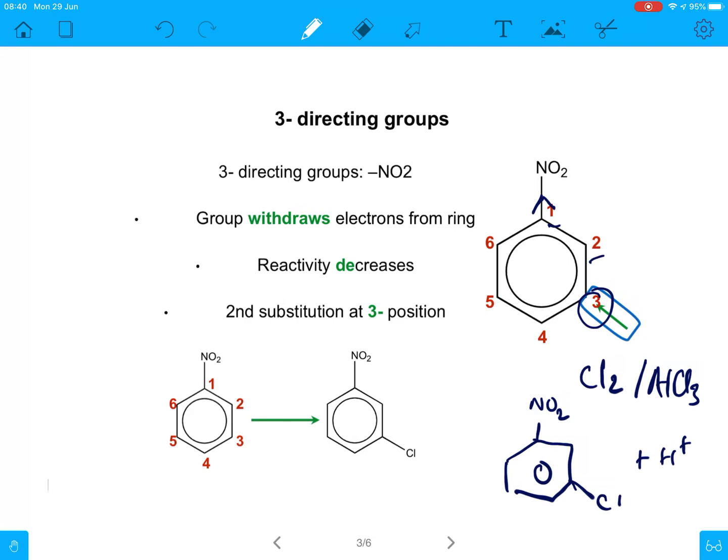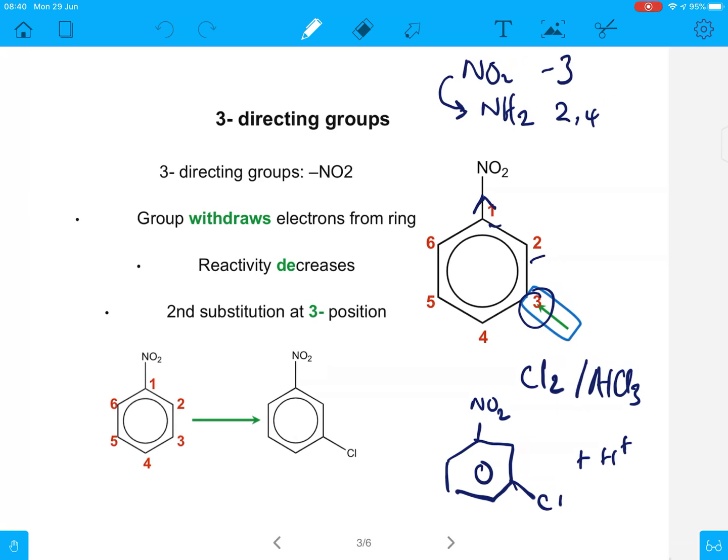Now you've got to be careful here, because you can produce an NH2 group from an NO2 group, when you reduce the NO2 to NH2, and that is very important, because NO2 will direct to position 3, NH2 to carbons 2 and 4.